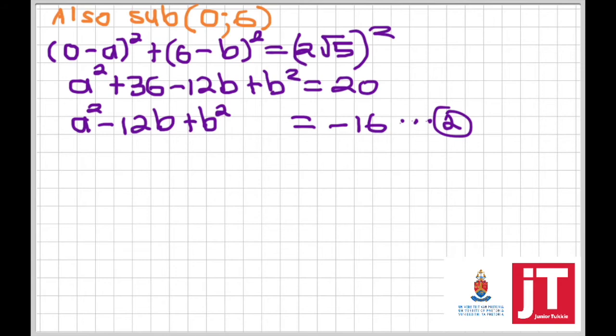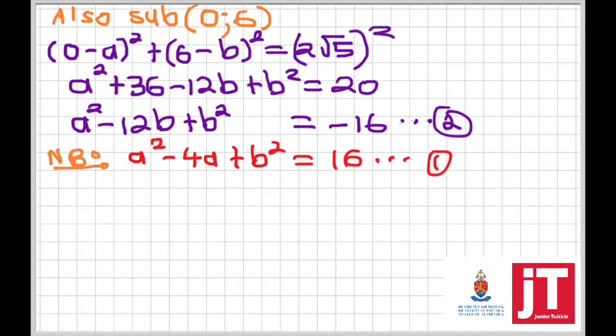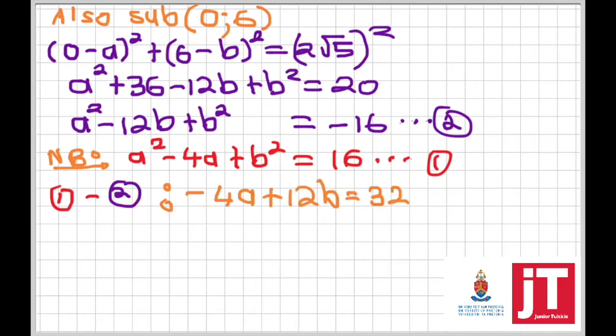Then I want to remind you of equation 1 that we got from the previous page, given by a² − 4a + b² = 16. Now I want you to subtract equation 1 minus equation 2.